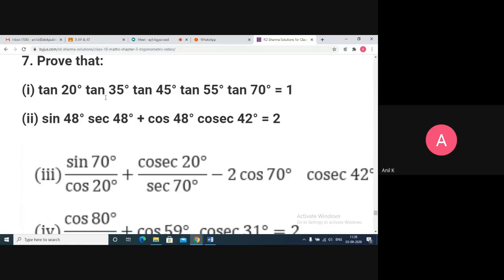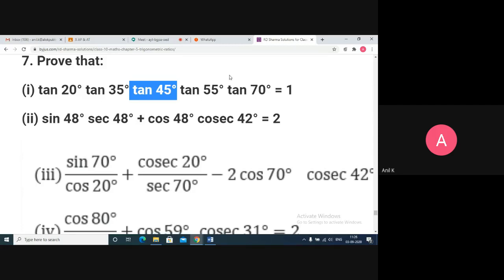Tan 20, tan 35, tan 45, tan 55, tan 70. See, tan 45, I know the value. Tan 45 is 1. So you have nothing to do with this tan 45. Don't do anything with this tan 45. Just replace this value as 1. The remaining 4 angles are there: tan 20, 35, 55, 70.